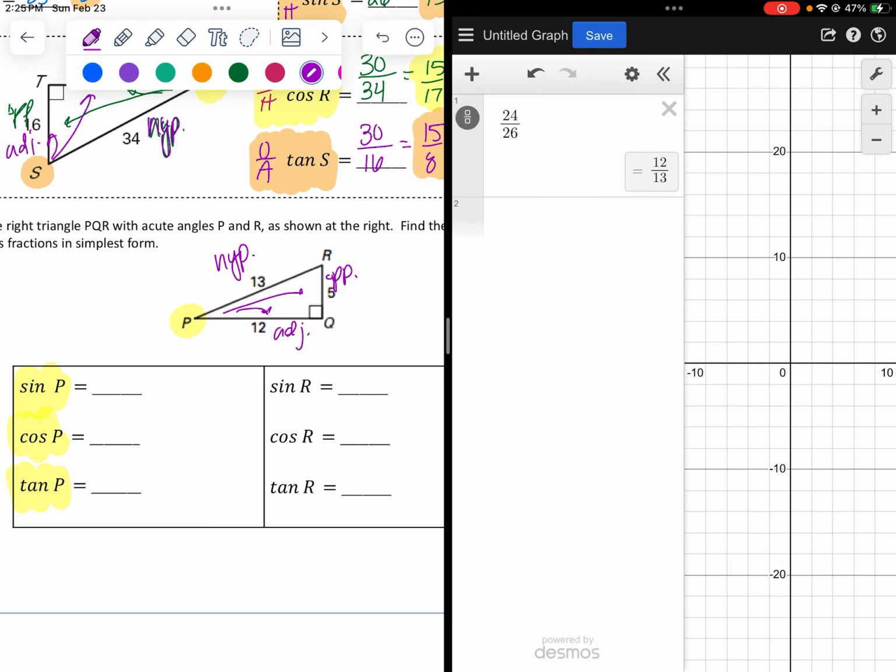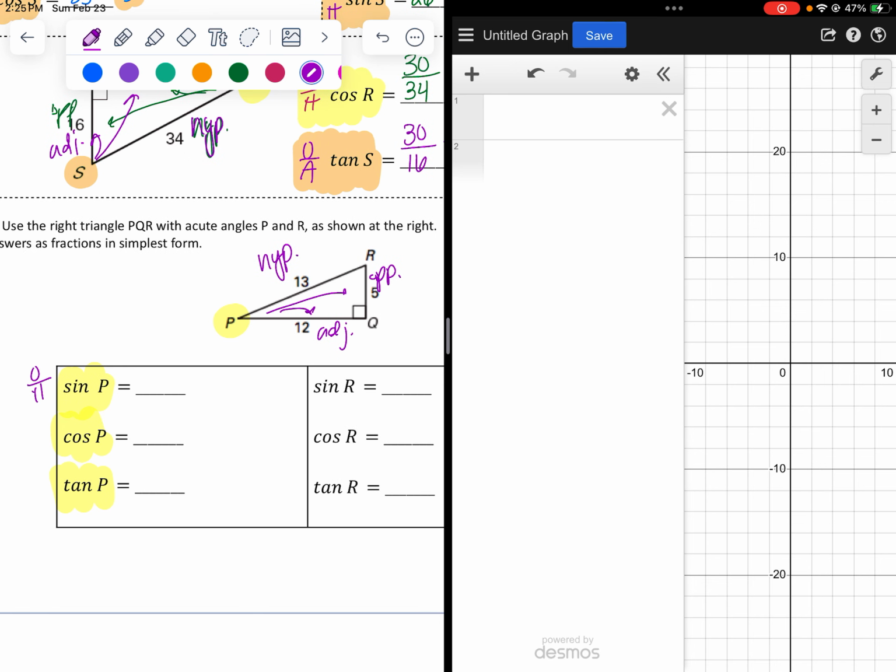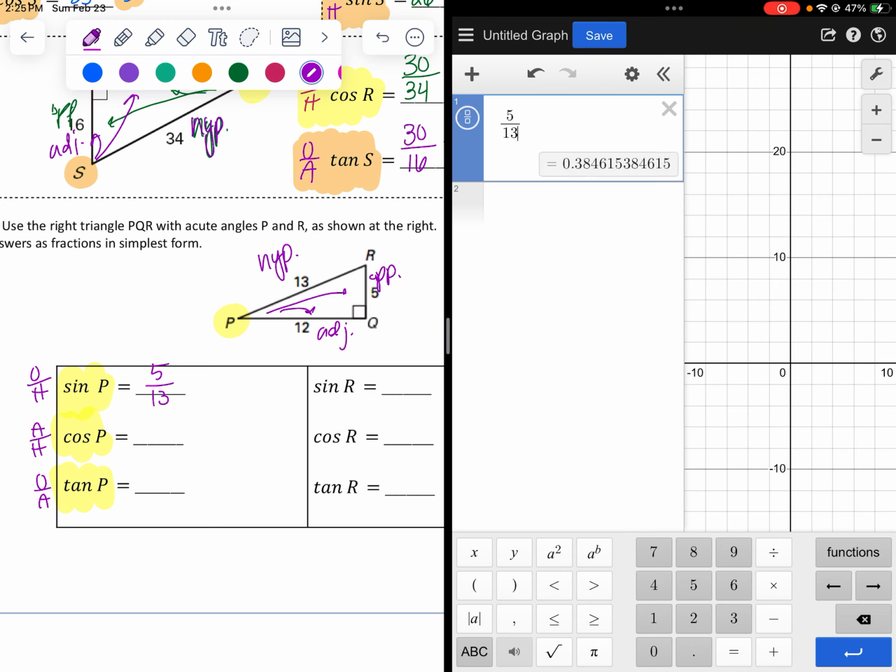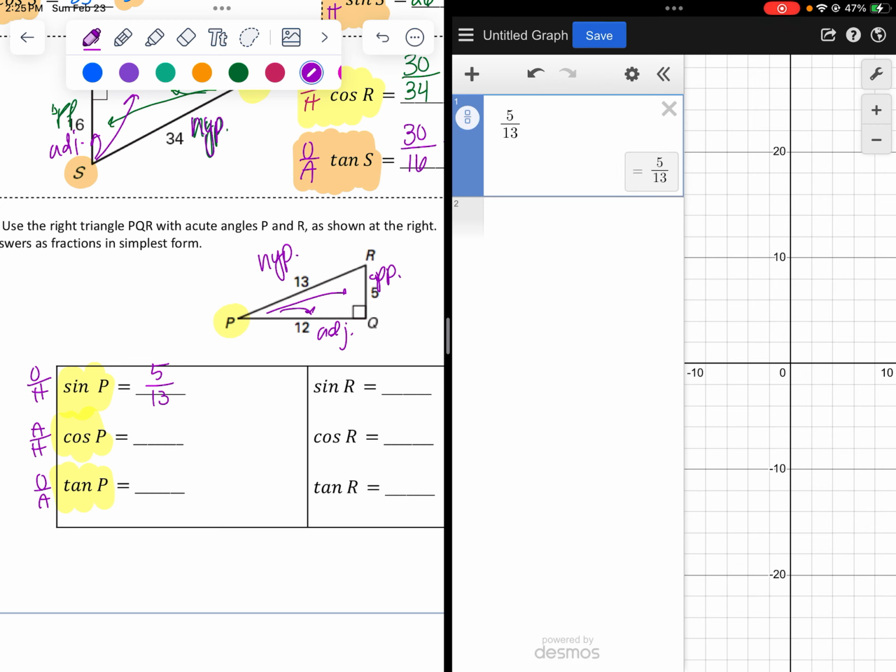And then let's start going. So I have SOHCAHTOA, right? Sine is opposite over hypotenuse, cosine is adjacent over hypotenuse, tangent is opposite over adjacent. My opposite side looks like is 5. My hypotenuse is 13. I'm going to type in 5 over 13, see if it reduces. Nope, we just keep it the same. Okay, cosine.